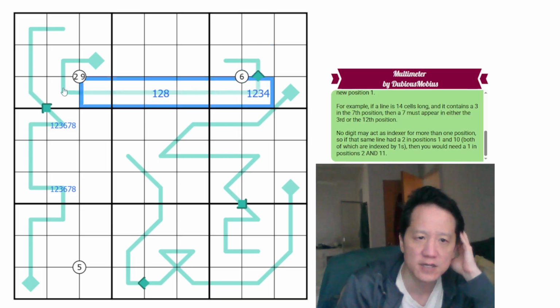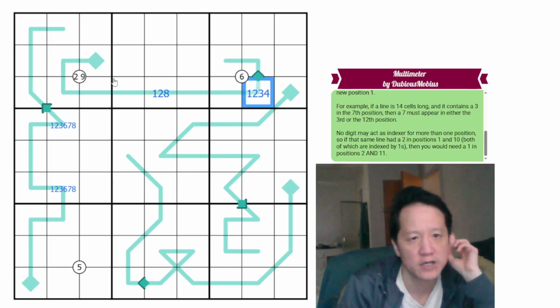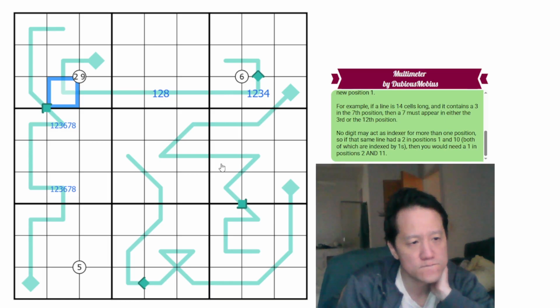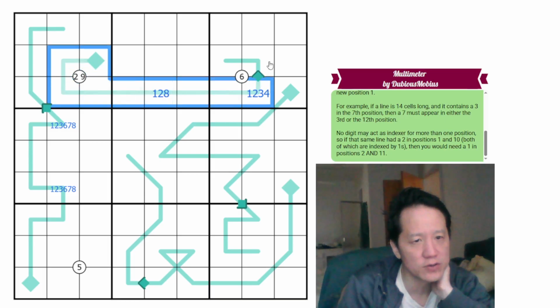Whatever this is says that a 1 has to be in that position. So there's 2 1s along this line. There's 2 2s along this line. And the rest are 3 through 9 or whatever, right? So that means there cannot be another.